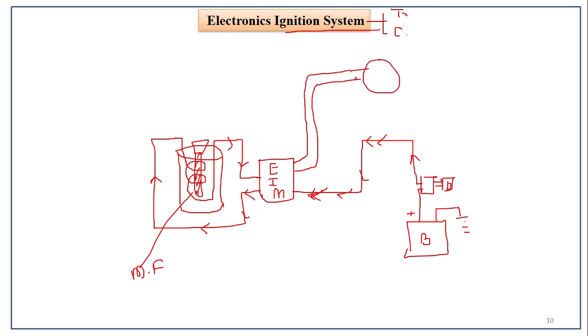So here you will find the armature coil is placed inside in this way, and here we'll have one point attached, which can be called the pickup point.